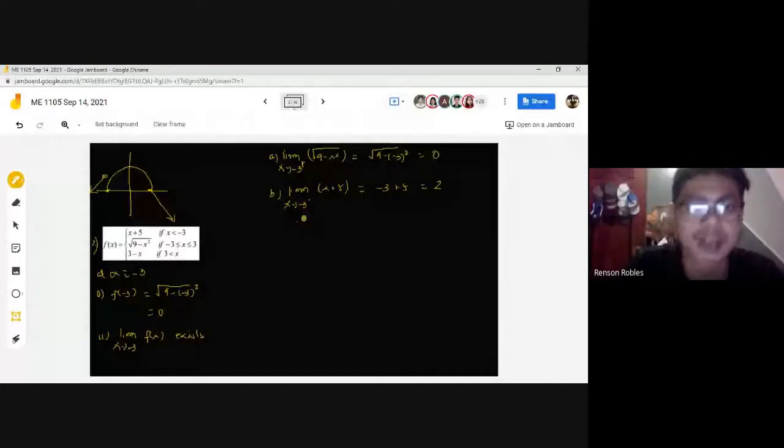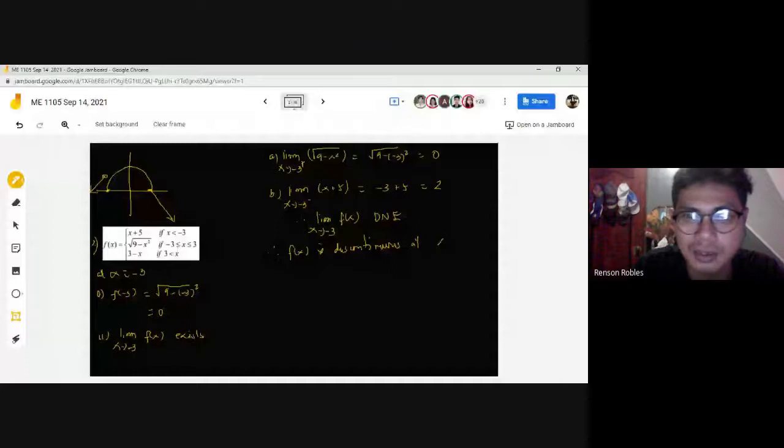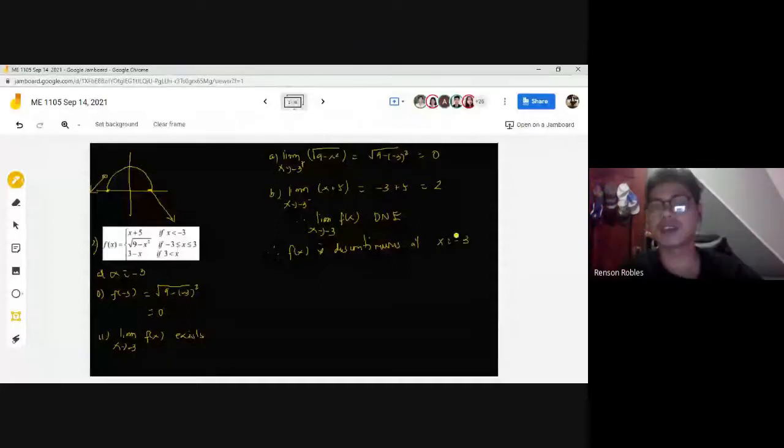You can now say that the limit of f of x as x approaches -3 does not exist, and it follows that f of x is discontinuous at x equals -3. All right, you see that?